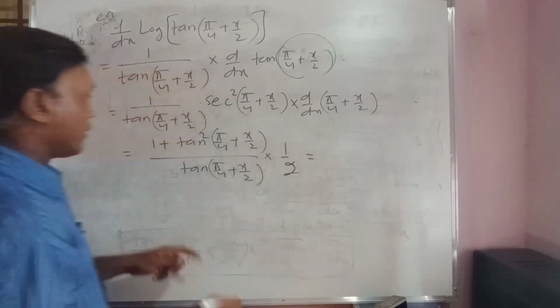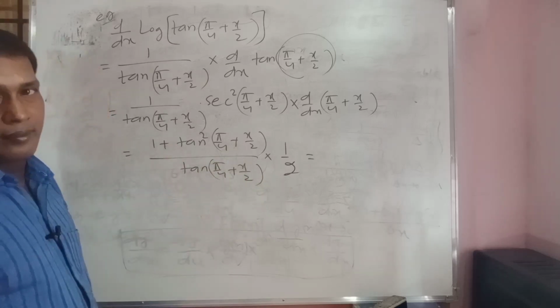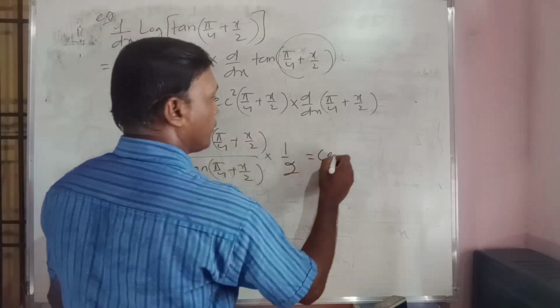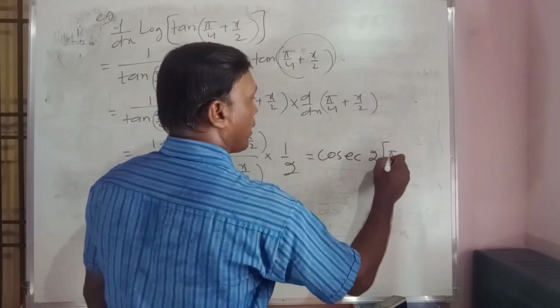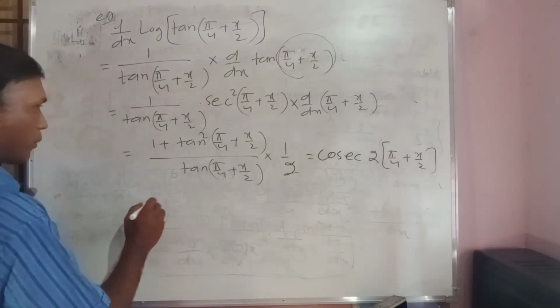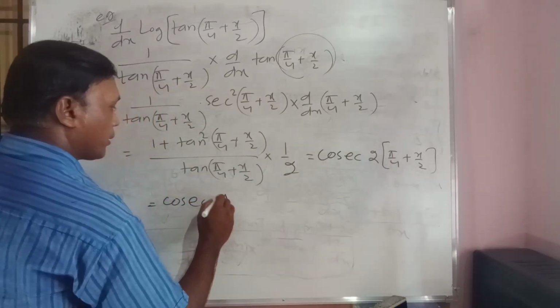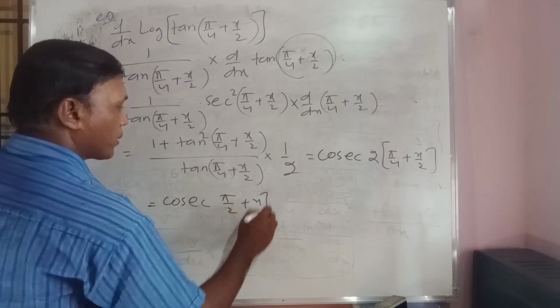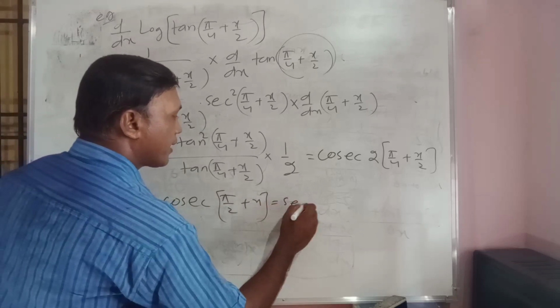Look here, this is the formula (1 plus tan square theta) by 2 tan theta, which is cosec 2 theta. Cosec 2 theta with theta as pi by 4 plus x by 2 is equal to cosec of 2 multiplied by that, which is cosec (pi by 2 plus x), and cosec (pi by 2 plus x) is sec x.